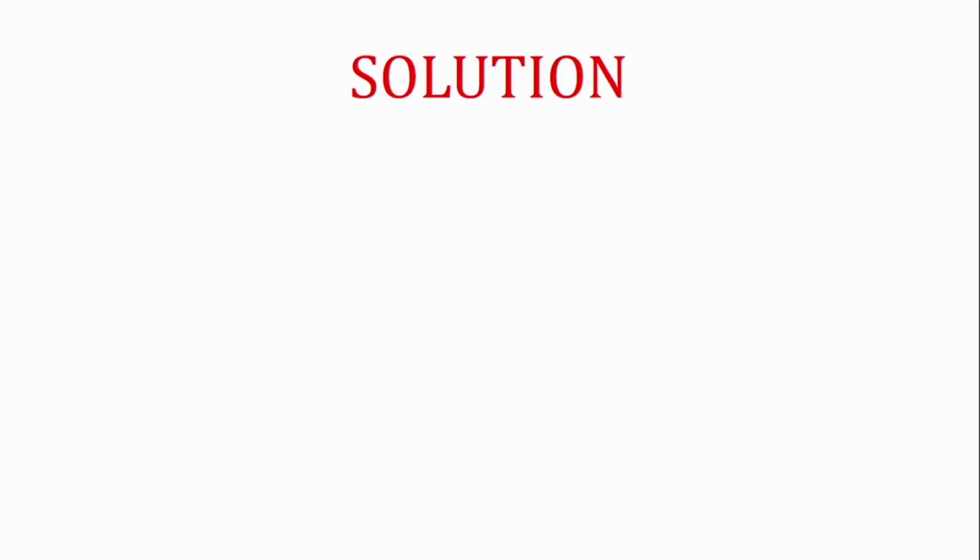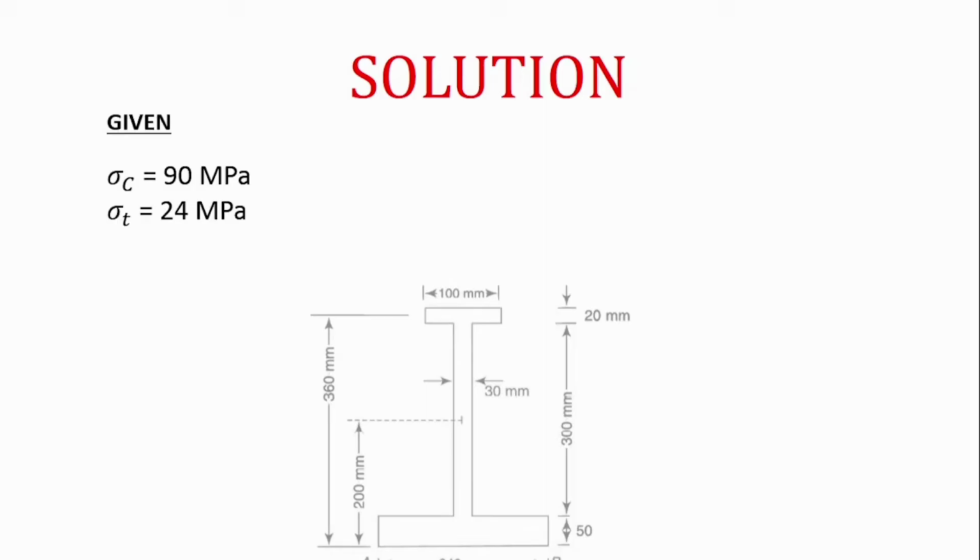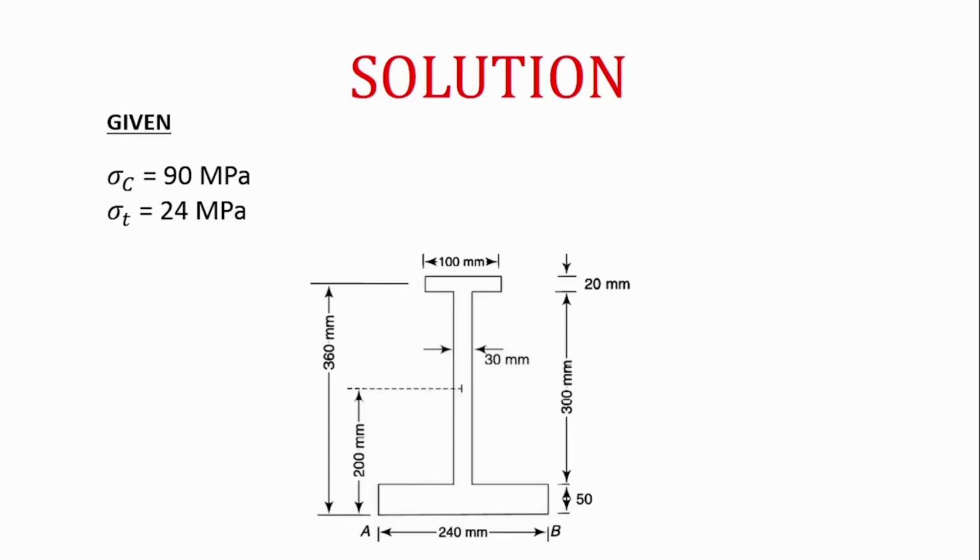So firstly, as we always do, take out the parameters we're given. We're given the compressive stress, which is 90 megapascal, and the stress in tension, which is 24 megapascal. So this is a diagram for the question. From the parameters given, you can easily draw it.